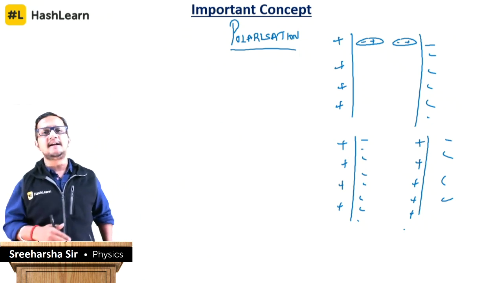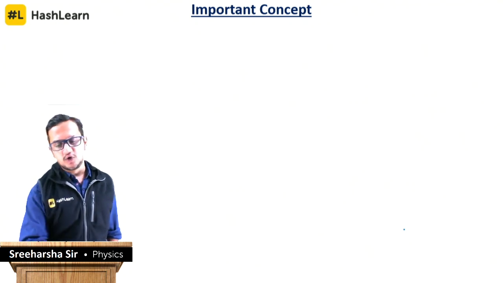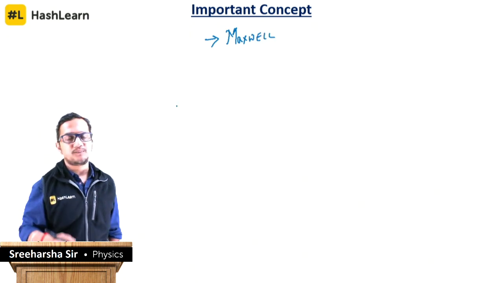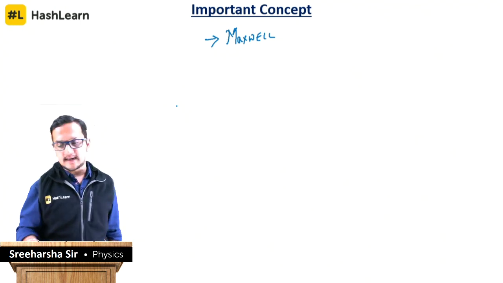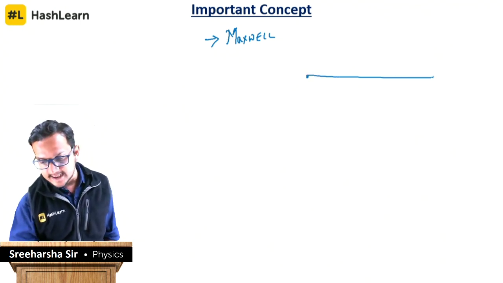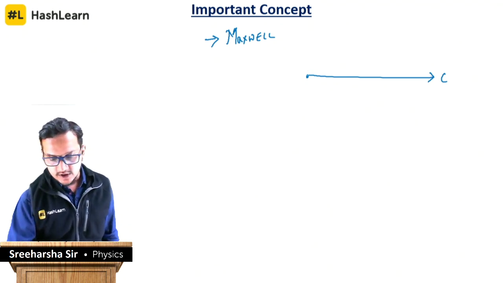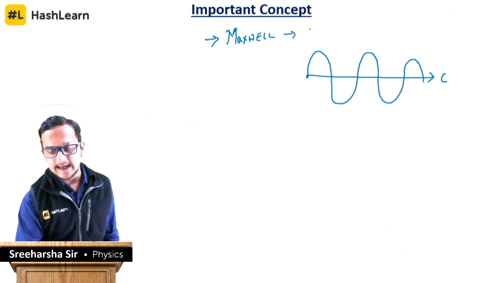Now how is that related to optics? We'll see that. The first thing to know is that Maxwell proved that light is an electromagnetic wave. So when you have an electromagnetic wave, let us say this is the propagation of light, with c the speed with which it is moving. These are the electric field vectors. According to Maxwell, light is an electromagnetic wave.